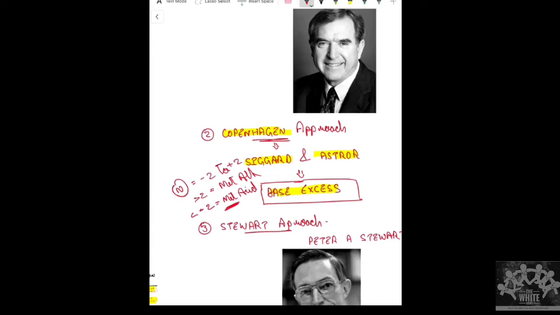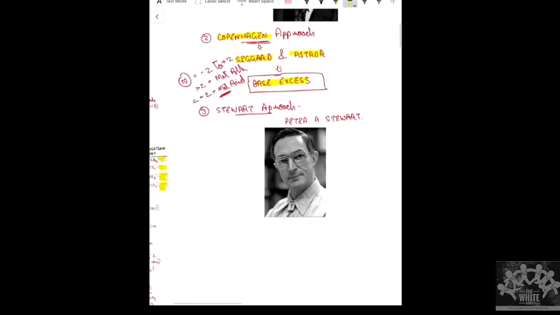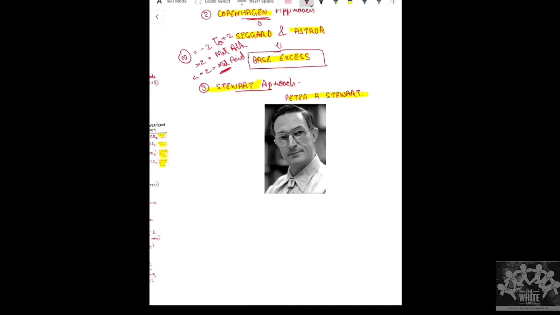Then came the Stewart approach, around the 1980s, by Dr. Peter A. Stewart. He claimed that other than HCO3 minus, there are other values as well that control the pH.